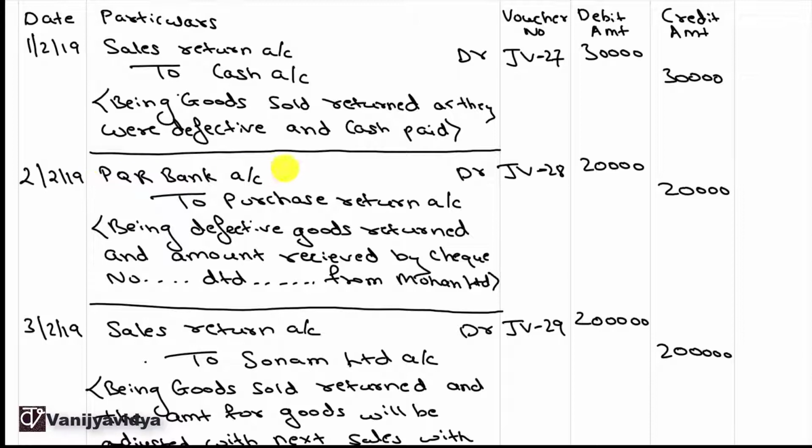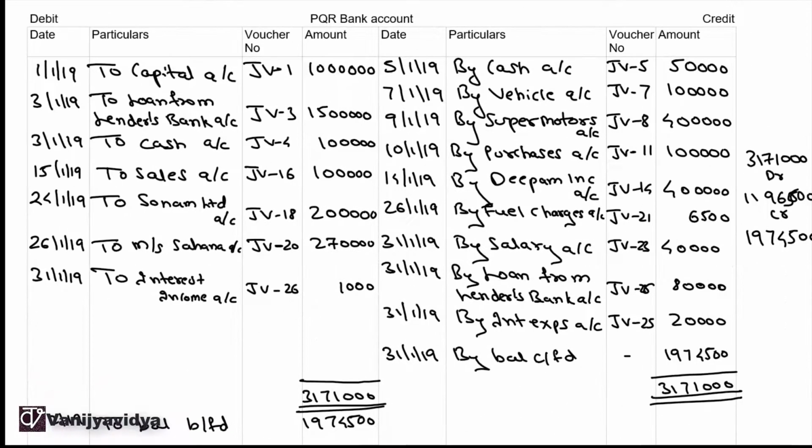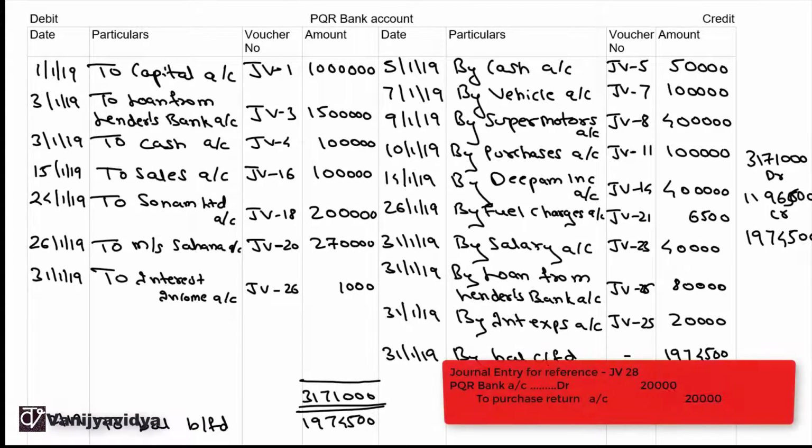2nd Feb 2019 PQR bank account debit 20,000 to purchase return account 20,000 JV 28. So one effect will be on the debit side of PQR bank account and one more effect will be on the credit side of purchase return account. Let's post this journal entry. Now this is a PQR bank account.